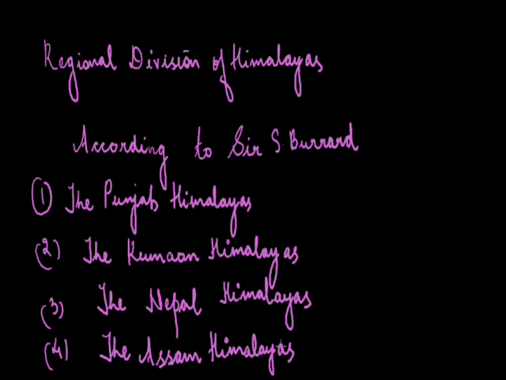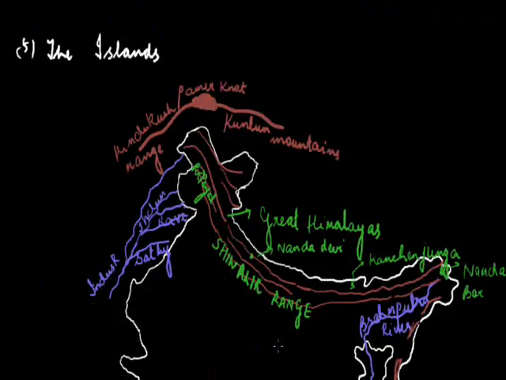These are known as the Punjab Himalayas because the state Punjab has a similar extension. It is also called the Jammu Kashmir and Himachal Himalayas because most of this section is located in these two states. This section is 560 kilometers long and the important ranges are the Ladakh range, the Pir Panjal, the Dhauladhar and the Zaskar range.